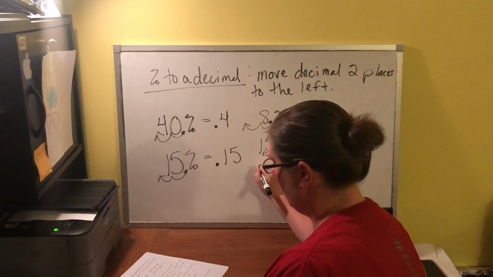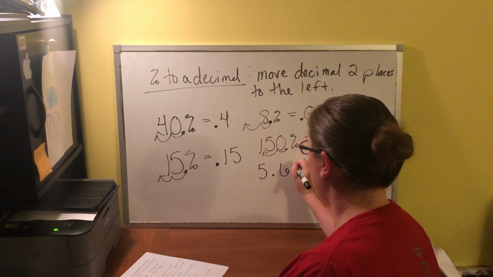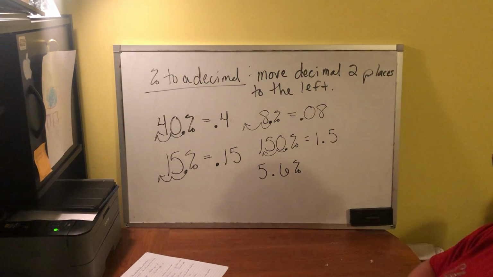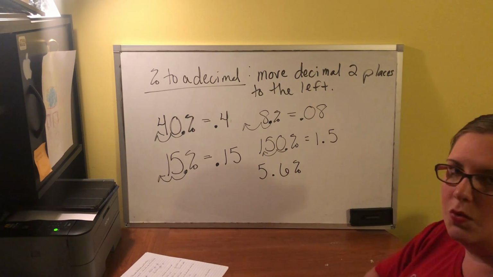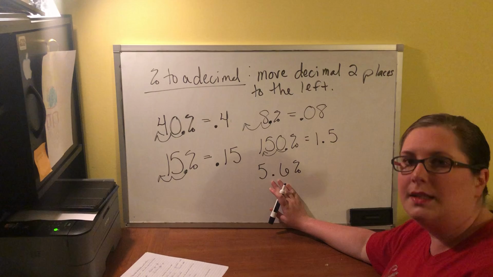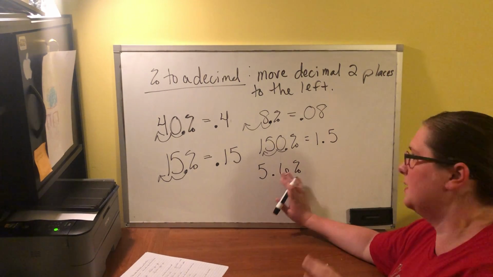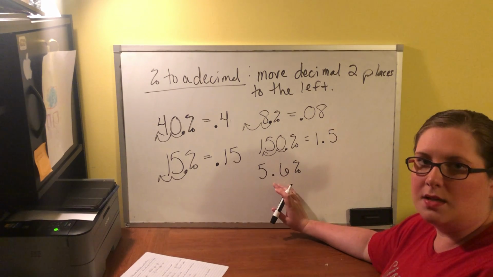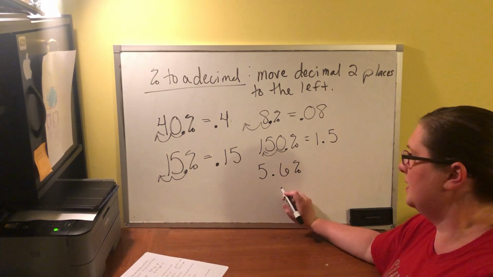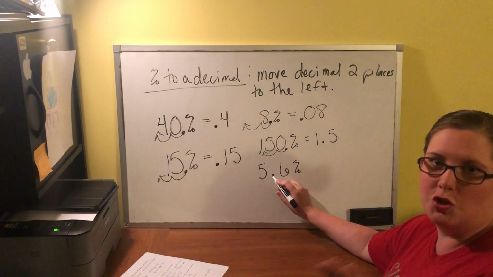They could give you a percentage such as 5.6% that has a decimal in it. This is technically not a decimal because this is written as a percentage, okay? So if they already gave you a decimal in the problem, you're going to use this decimal and then move it 2 places to the left.